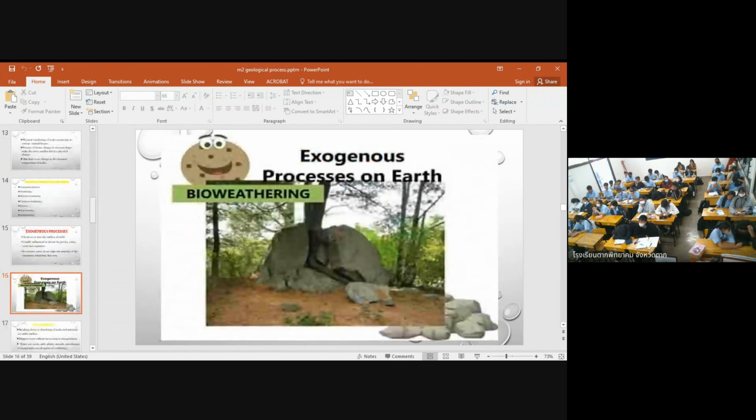For example, we have this rock figure, where there is a living tree inside the rock. So this is nature, okay? This is an example, the tree living in the rock or the stone.